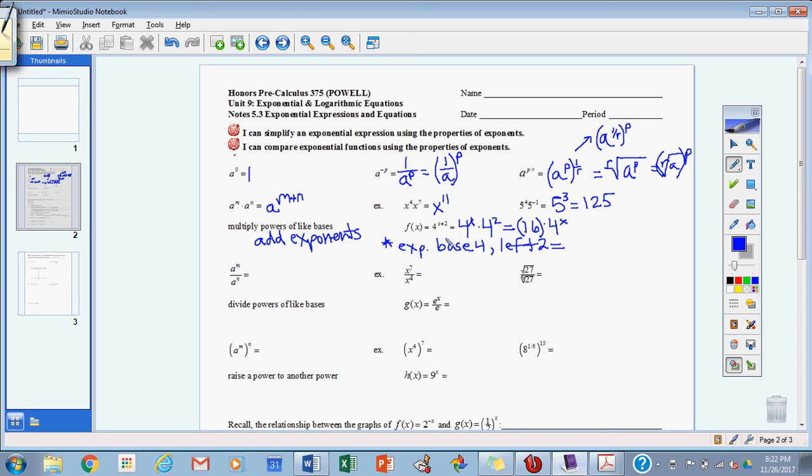Well, obviously it's equal to that. So if I was to graph this left 2 exponential base of 4, then I would get something that's equivalent to, and then look at this one here at the end. Well, that's a base 4 exponential, but it's got a vertical stretch factor of 16.